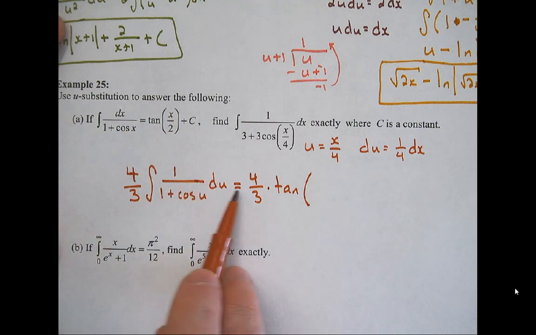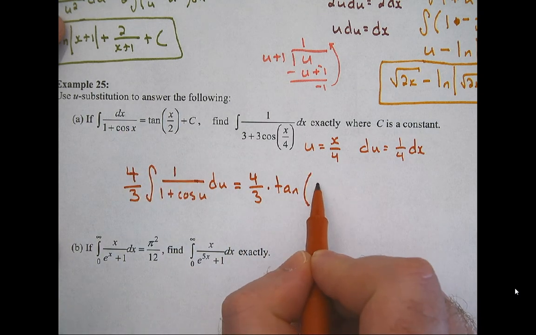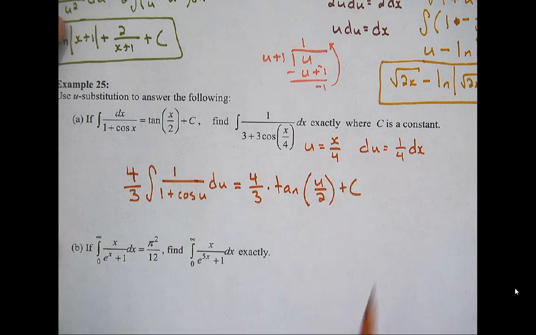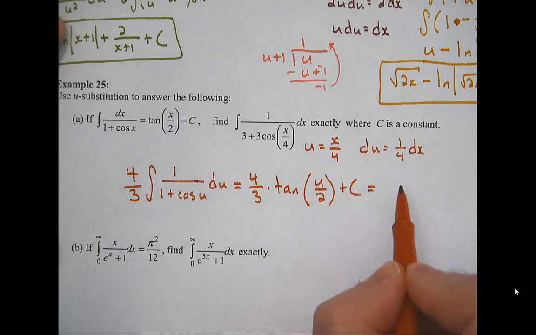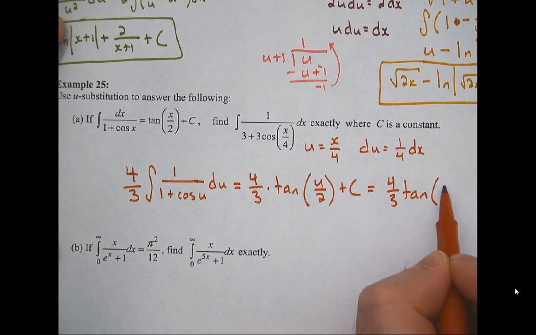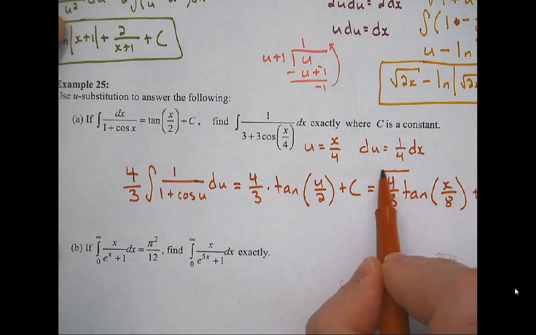Over here, these are x's, but remember, x's are going to become u's. Well, I'll write it out with a u. How about that first? u over 2 plus c. And then now we can put our u in there, so we get 4/3 tangent. Okay, if u is x over 4, and I'm dividing that by 2, this is going to become x over 8 plus c.